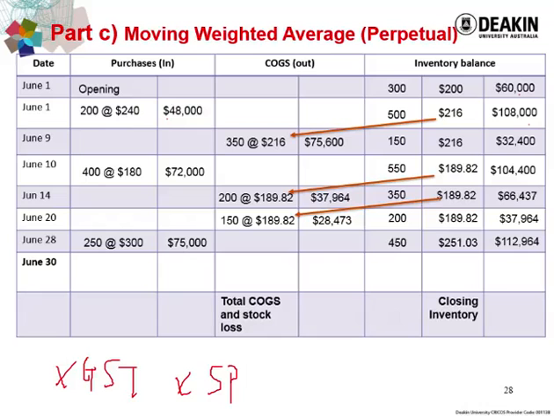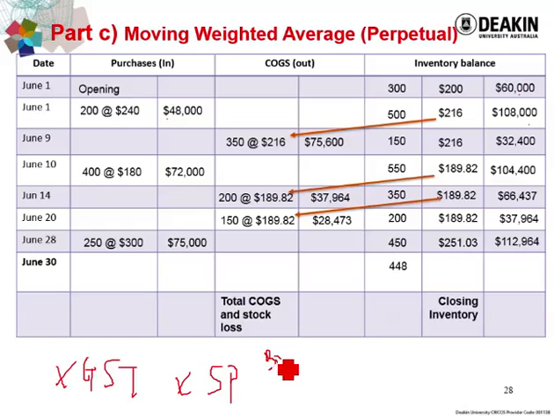And note that we only have 448 units on hand revealed by the stock take, but our accounting records show that we actually have 450 units on hand, which is calculated as follows.